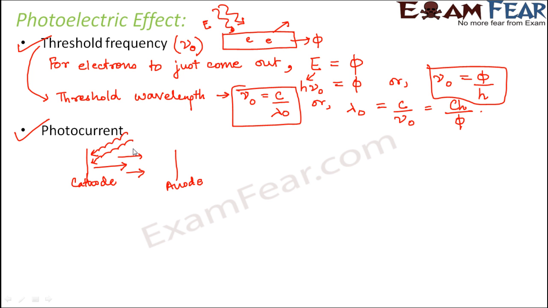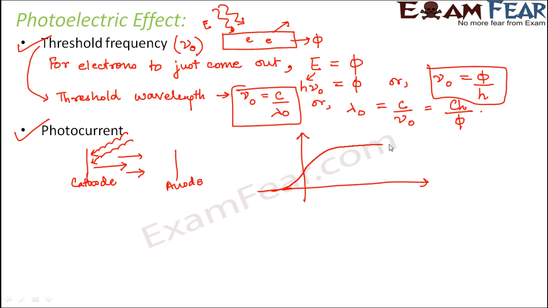So in a way we can say that photocurrent depends on the potential of the anode with respect to the cathode, because the more the potential difference, the more would be the flow of electrons in between them. Now when you actually look at the variation of photocurrent with voltage, the graph looks somewhat like this.